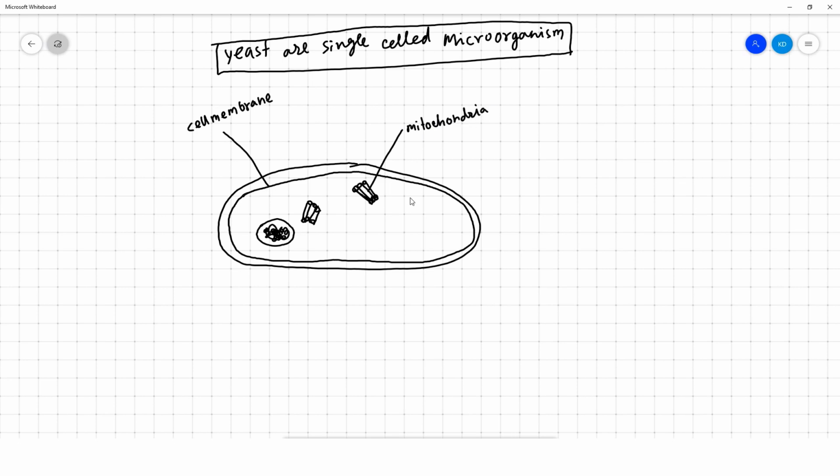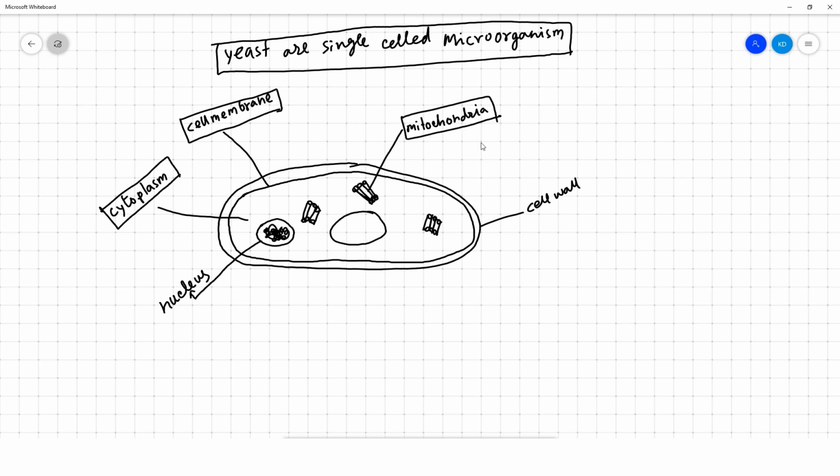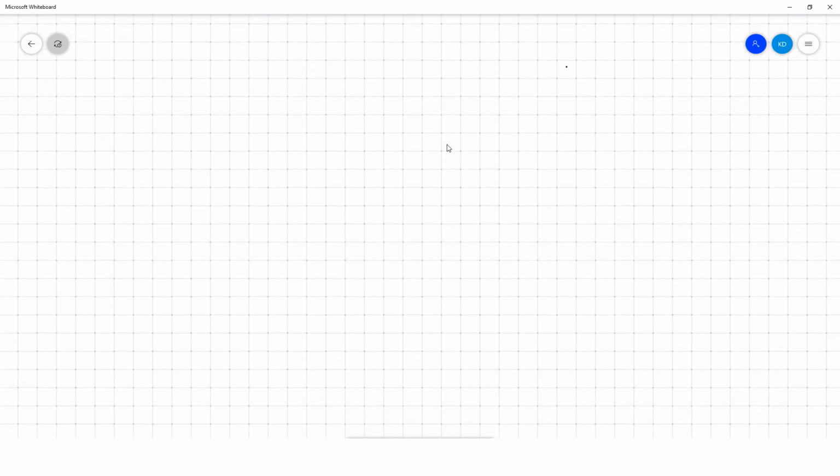This is mitochondria. The work of mitochondria is that it is the powerhouse of the cell. And this is the nucleus. This is a simple diagram: cytoplasm, the cell membrane, mitochondria, cell wall, and the nucleus. Yeast is used to make wine. We all know yeast is used to make wine.